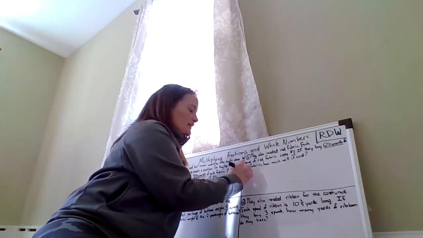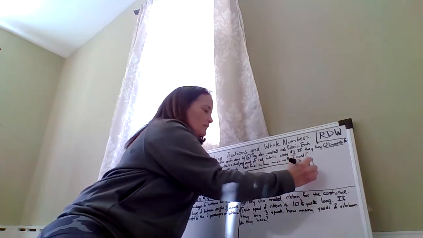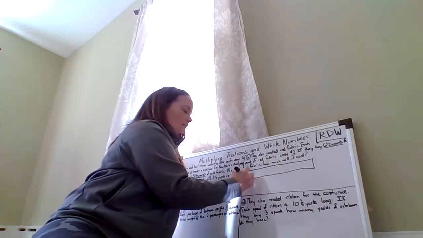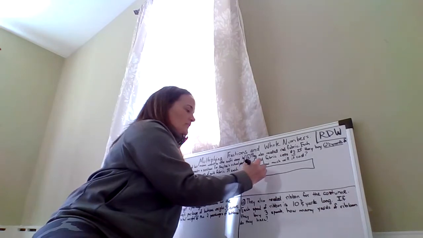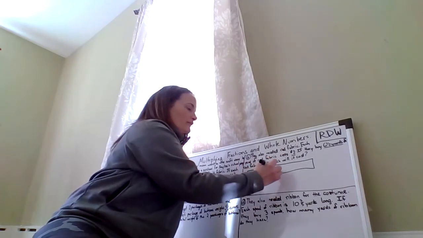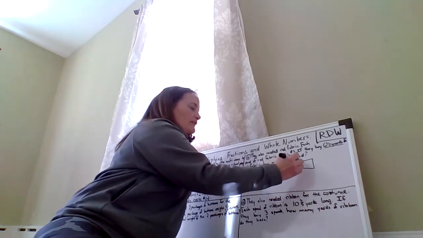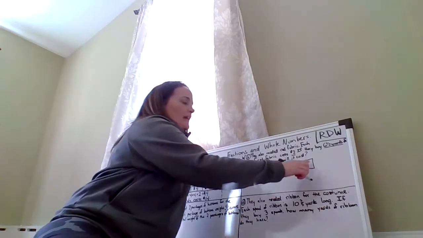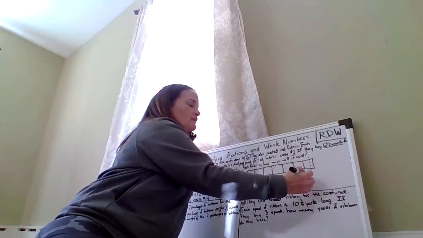So I'm going to draw a tape diagram. In that tape diagram, I'm going to have 6 parts. 1, 2, 3, 4, 5, 6. And then we have just a half.